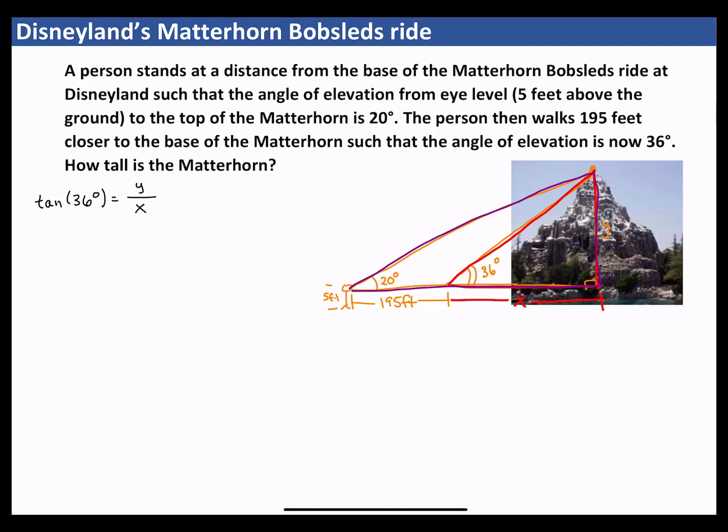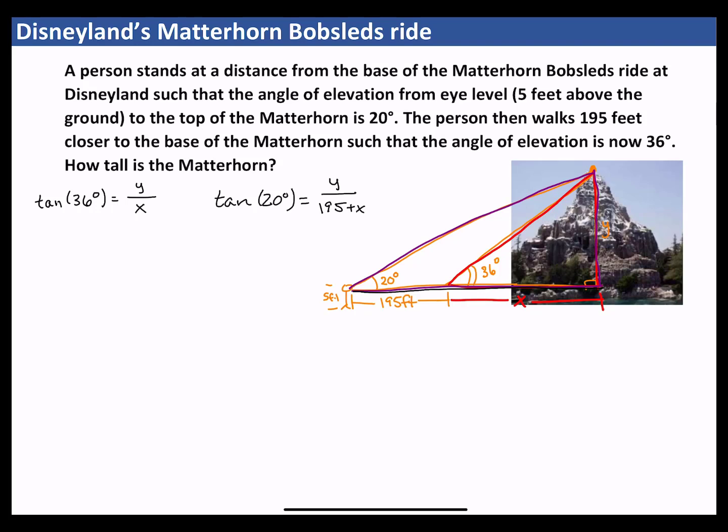And so the issue here is that we have an equation involving two variables, y and x, and that's actually a pretty big clue that we're going to need a second equation because we have two variables right now. So we can look at the bigger triangle where we had the tangent of 20 degrees now. The opposite side is still y, but the adjacent side would be the entire length, so it would be 195 plus x.